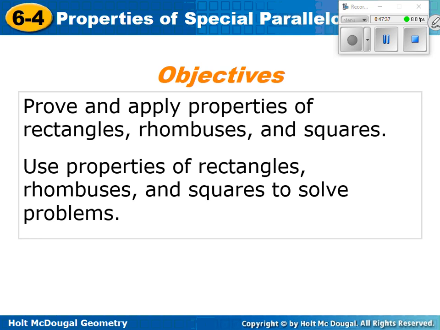So start with the rectangle. Back to your property sheet, we're going to start with the rectangle and we'll list the definition first. We'll list all its properties, then we'll do the rhombus, and then we'll talk about the square. Okay?